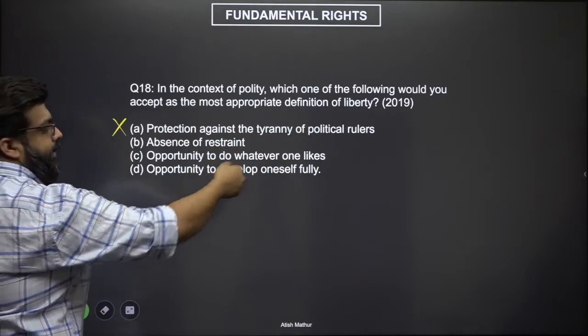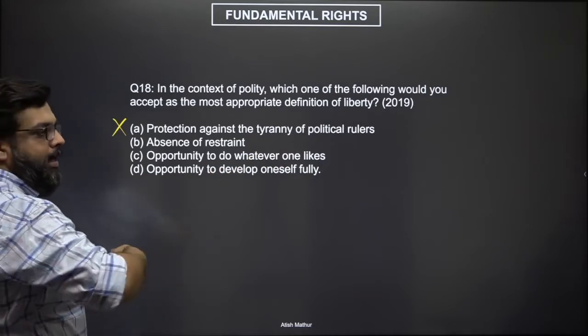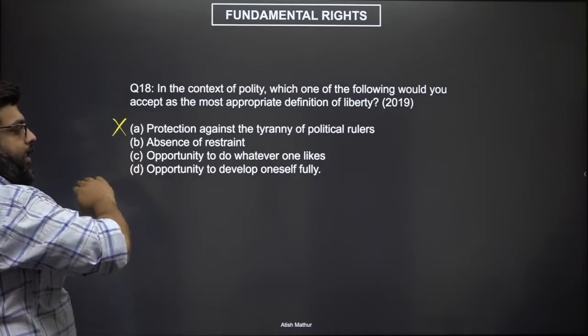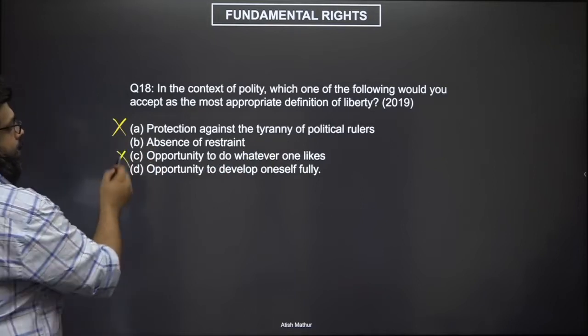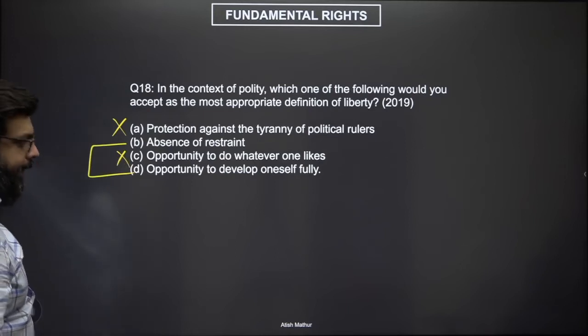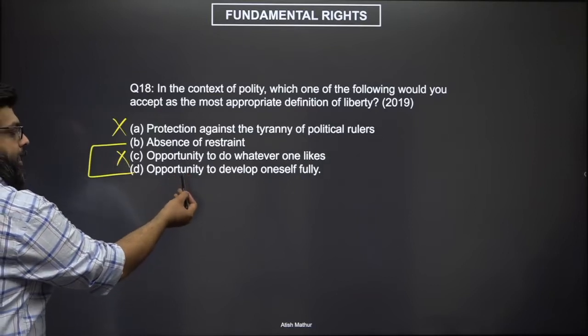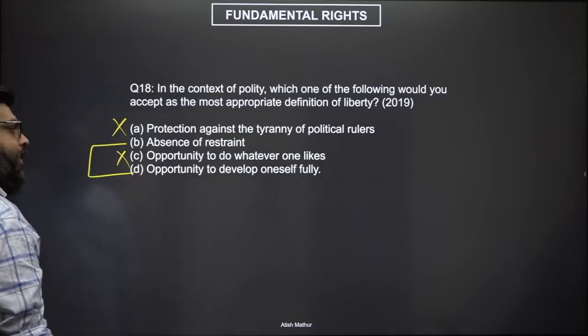Opportunity to do whatever one likes. Does that mean your liberty is unrestricted without any question whatsoever? No. You're left with option B and D, absence of restraint and the opportunity to develop oneself fully. Option C and option D has a difference. Option C means both positive and negative development.